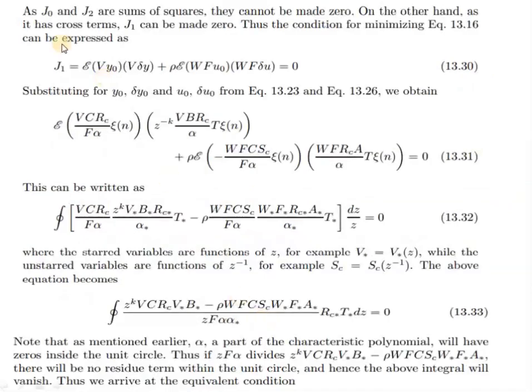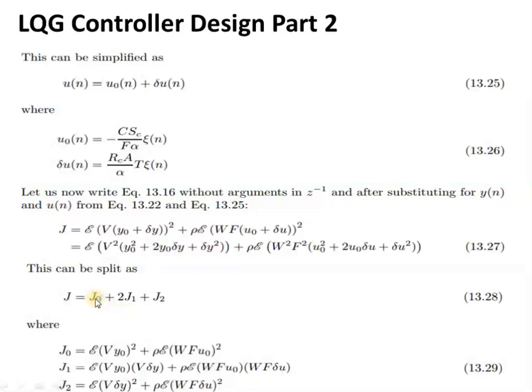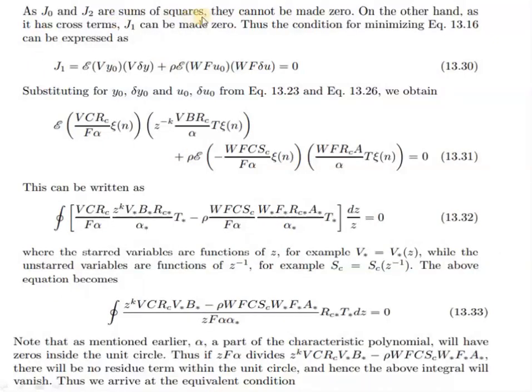Now J0 and J2 are sums of squares, means they contain terms with the square. Therefore they can't be made 0.